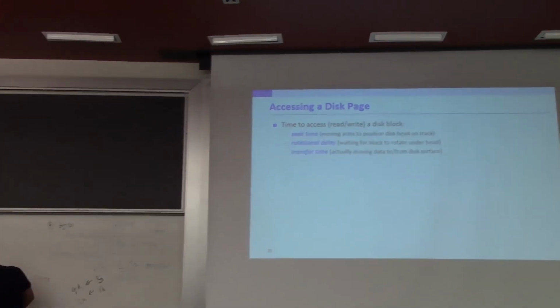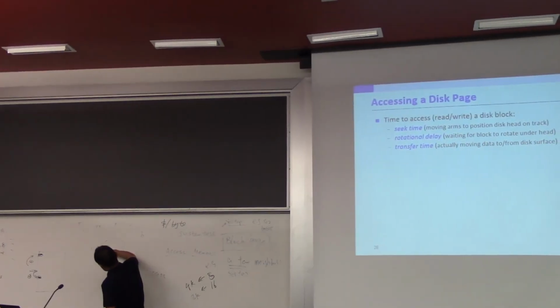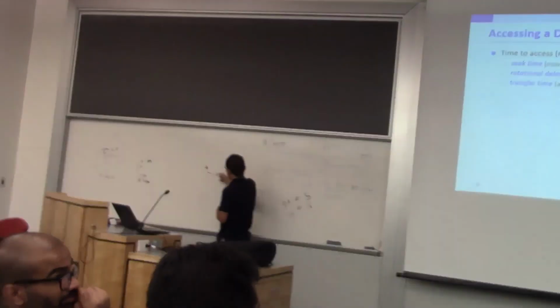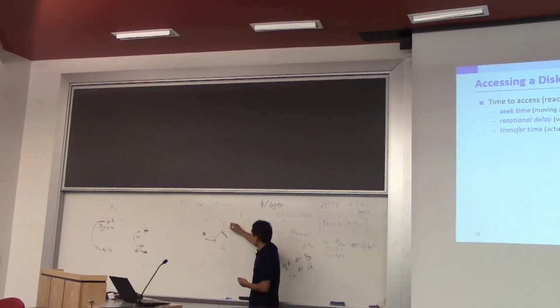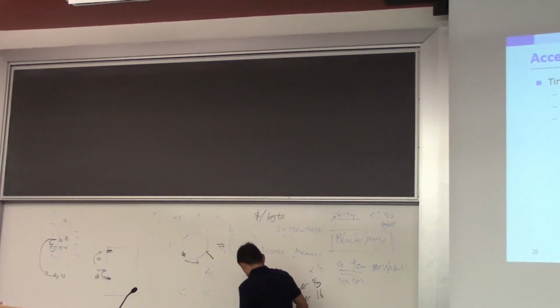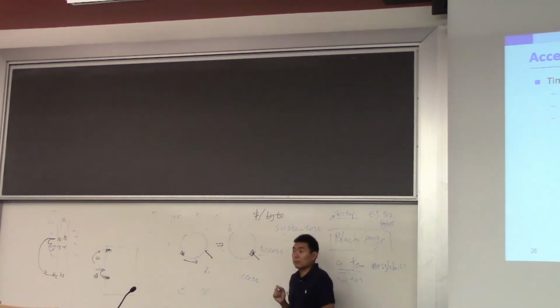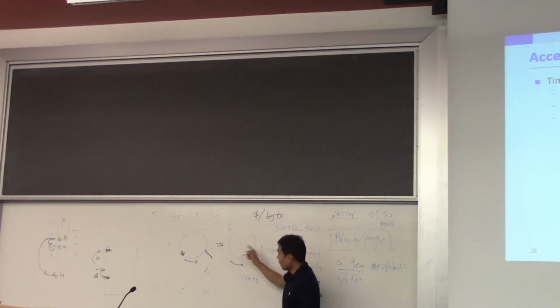So suppose the head of your arm is here, but the data you're trying to read is still here. You have to wait for it to rotate to here. This takes time.